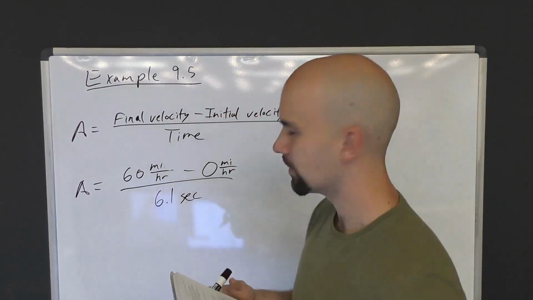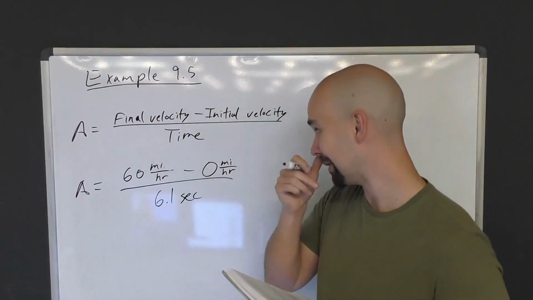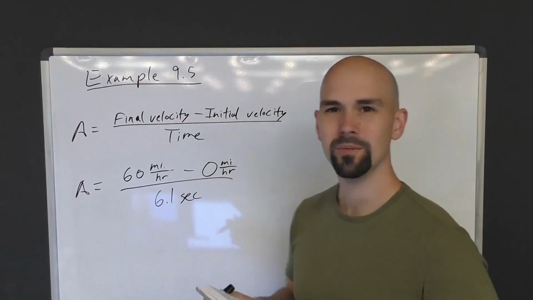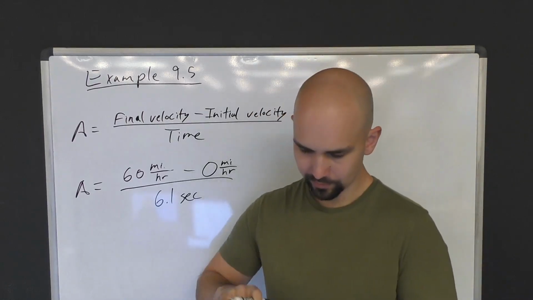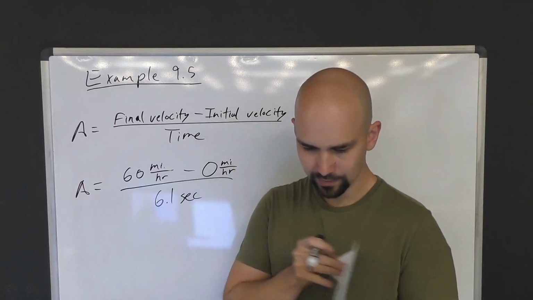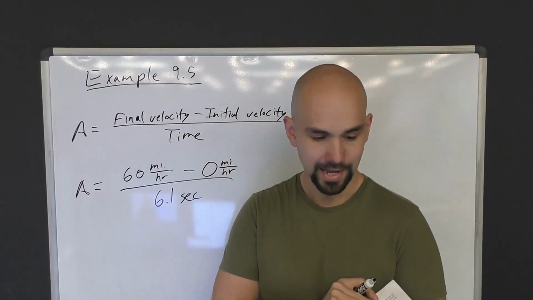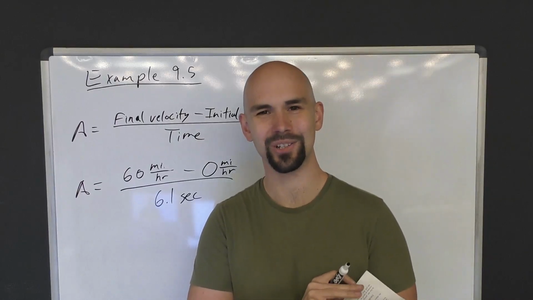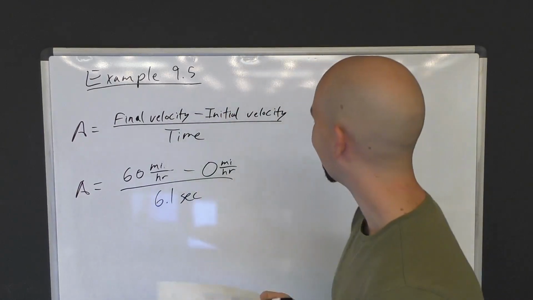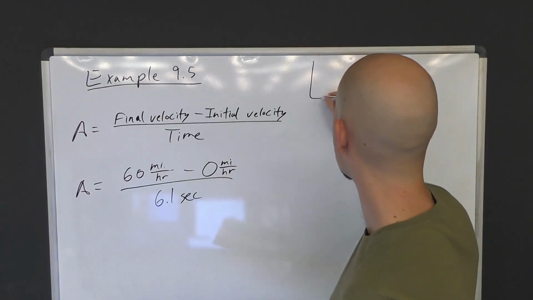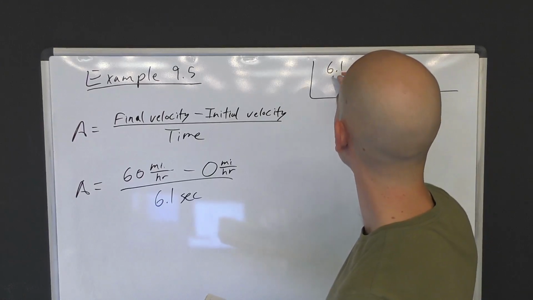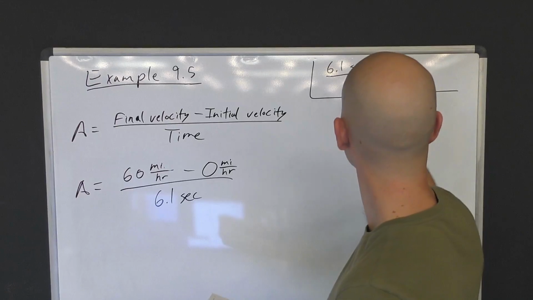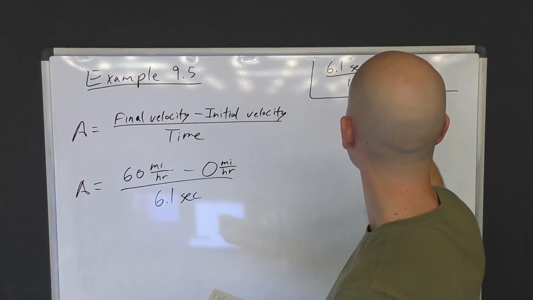seconds. Okay, so we got a bit of a problem here, which is that we have inconsistency in the units. We have hours and seconds. And they want your answer to be in hours. And this is going to actually result in a really crazy number. So let's convert seconds to hours. 6.1 seconds. And we're going to turn that into hours.